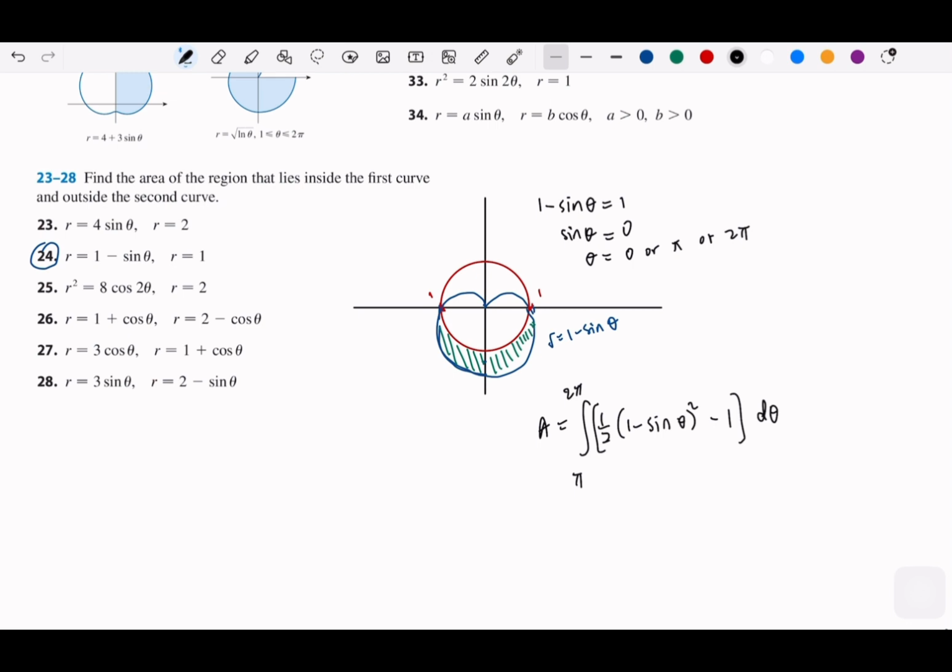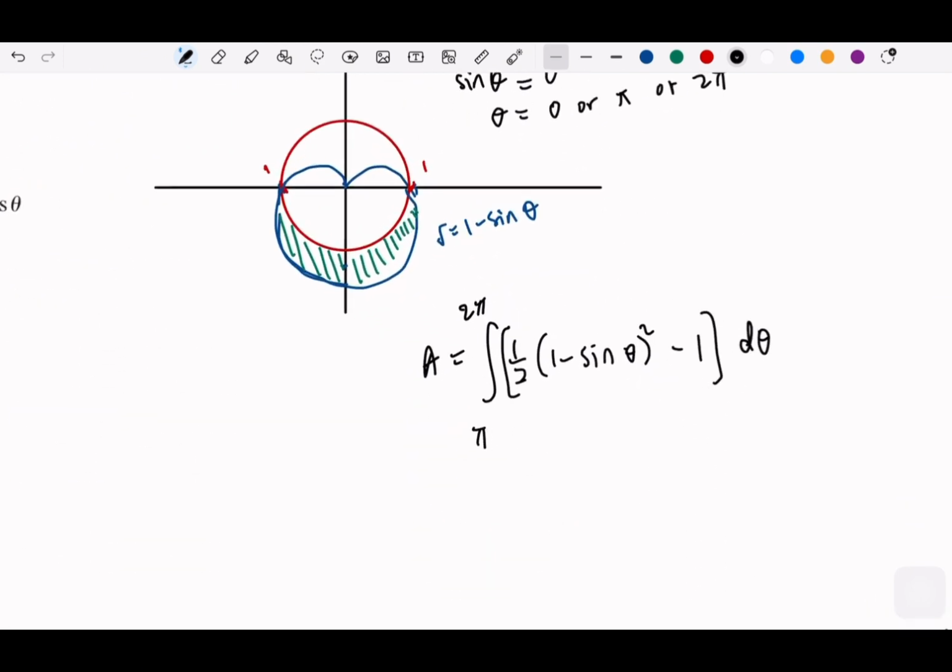You will see that we have the cardioid from pi, which is our cardioid, and minus 1, which is this one here. So the cardioid is this, and this one is the small one. Do you get it? This pi to 2 pi is here.